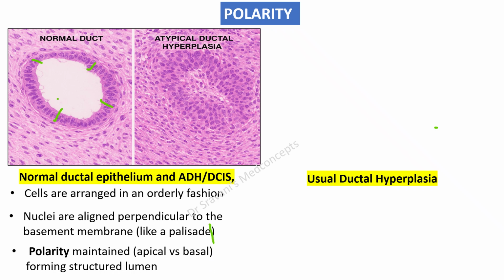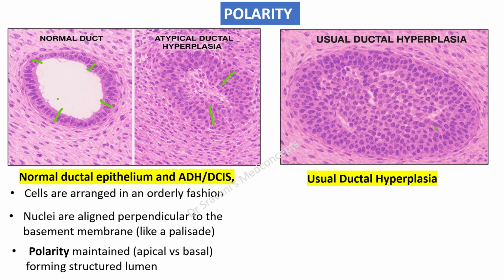Same in atypical ductal hyperplasia also. The cells are oriented perpendicular to the basement membrane, causing well maintained polarity, that is apical versus basal relationship is maintained. But when you come to usual ductal hyperplasia, the cells are haphazardly or irregularly arranged, because of which this alignment is lost.